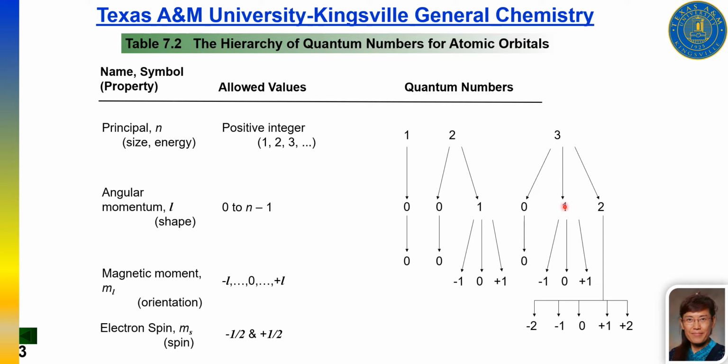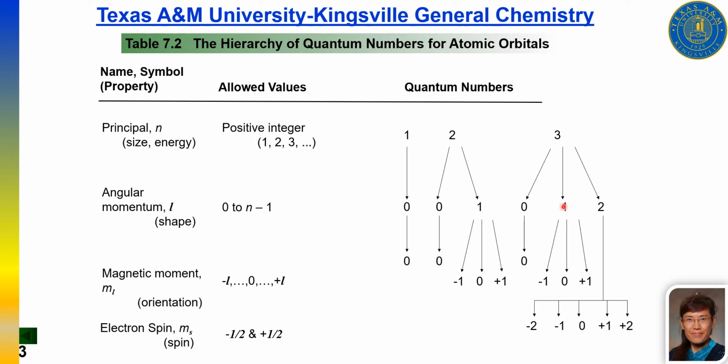If your l is 1, your ml can be -1, 0, and +1. If your l is 2, your ml can be -2, -1, 0, +1, +2. So you have 1, 2, 3, 4, 5 different numbers, meaning you are going to have 5 different orientations if your l is 2.